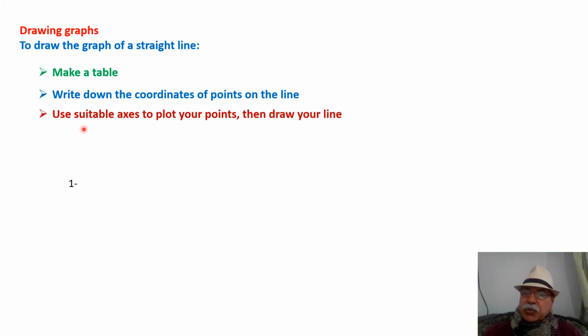3. Use the suitable axes to plot your points, then draw your line. بعدين تستخدم خطي التقاطع، الأكس والواي، بشكل صحيح ومناسب لغرض إسقاط هذه النقاط على الخط. Plot meaning إسقاط النقاط.